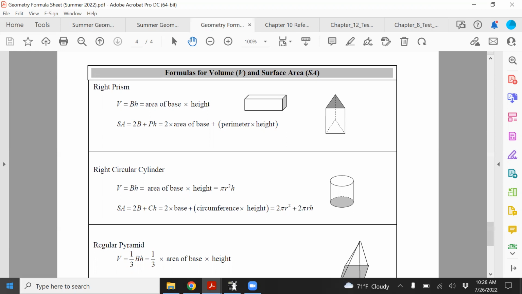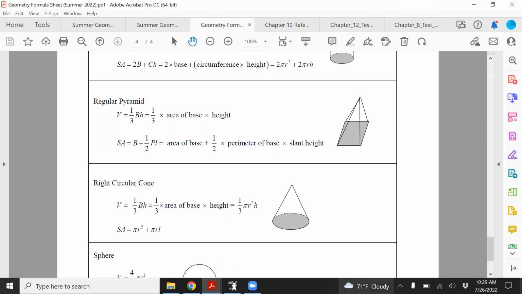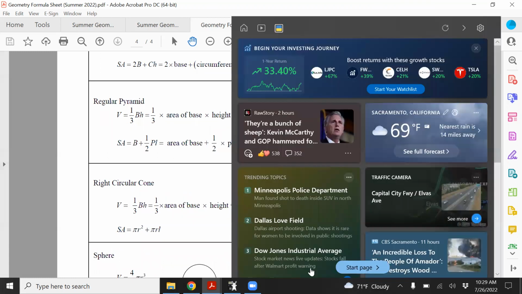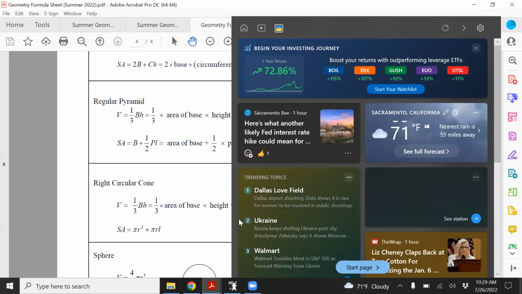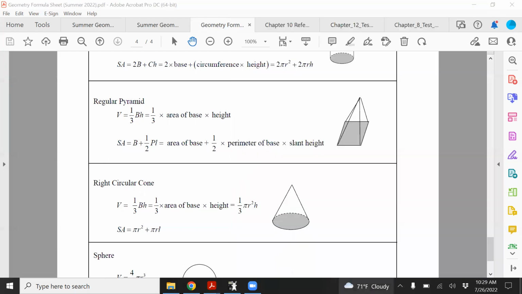For a cylinder, the surface area is going to be the 2 pi r squared of both those circles, plus the circumference times height. So 2 pi r squared plus 2 pi r h. For a pyramid or a cone, they're very similar to the prism or the cylinder. The only difference is you multiply by 1/3 for volume.